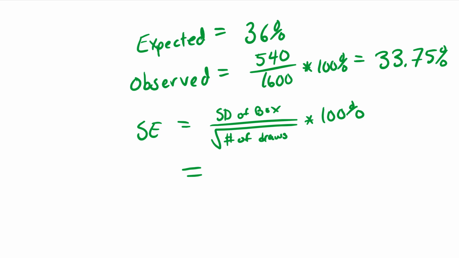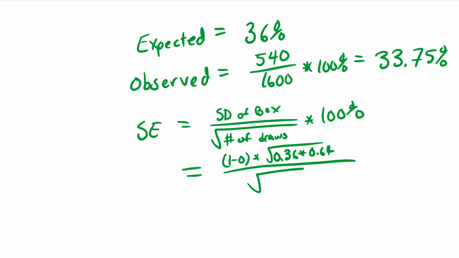So the SD of the box, we'll use the shortcut, that's 1 minus 0, times the square root of the percentage of ones in decimal format, 0.36, times the percentage of zeros in decimal format, 0.64, divided by the square root of 1,600 times 100%. And again, check this answer, but I got 1.2%.